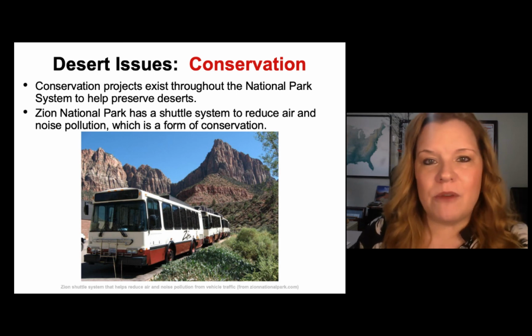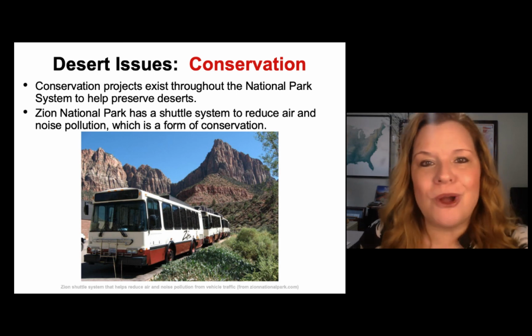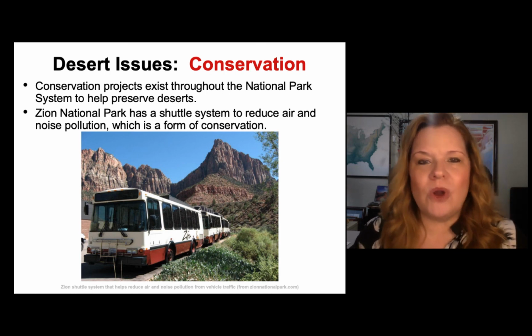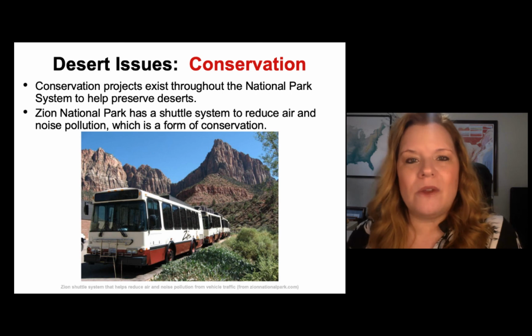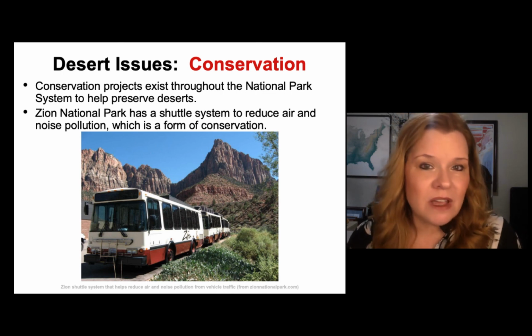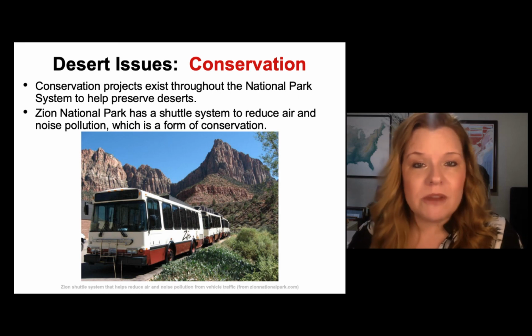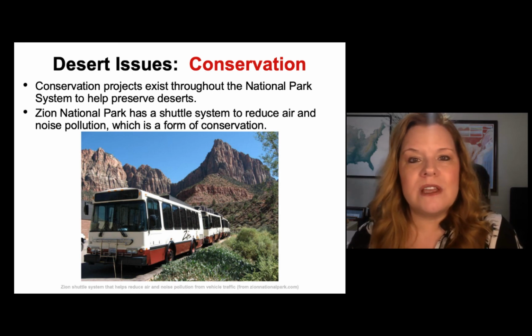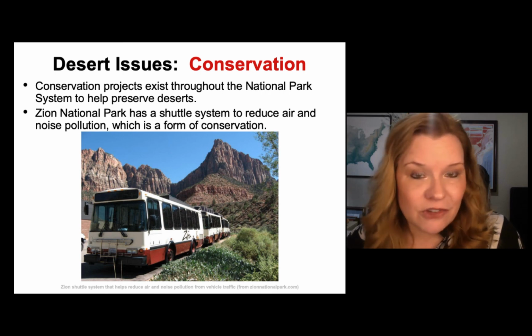An example of that would be the Zion National Park shuttle system. This is used in the west side of the park where people want to go up and down the various hiking locations, and this is to reduce fossil fuel emissions, carbon emissions. It's to reduce noise and to reduce habitat destruction.